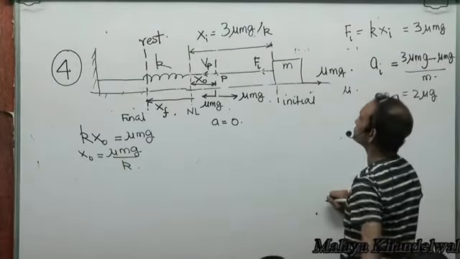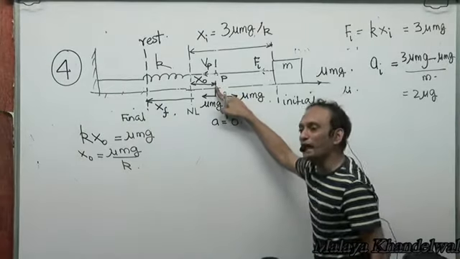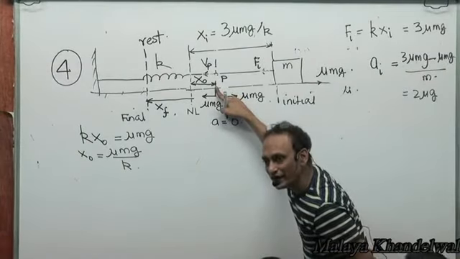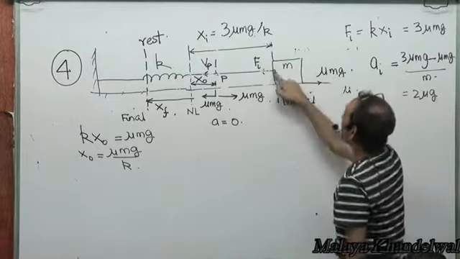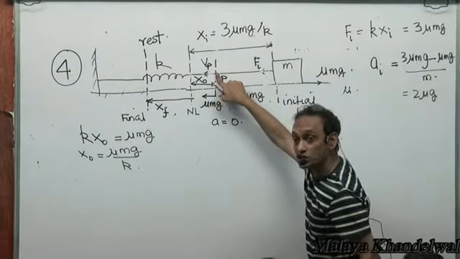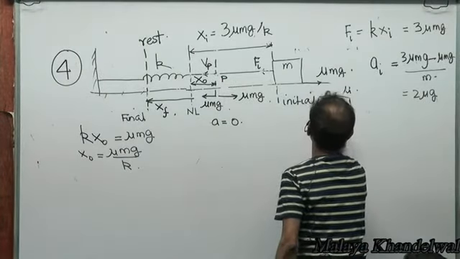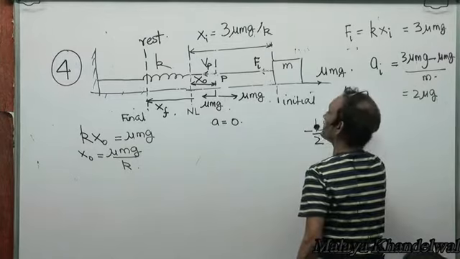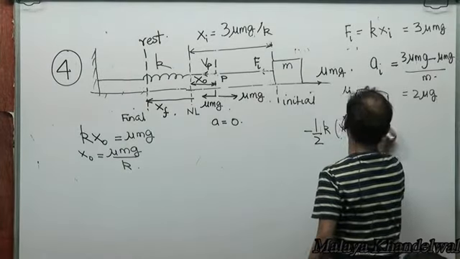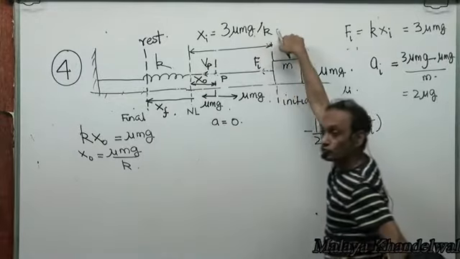Now, between this initial state and this state, I will apply the work energy theorem, where I know xi, the elongation in the spring here, and I know x naught, the elongation in the spring here. What's the work done by the spring force? Minus half k into x naught squared minus xi squared, where x naught we've computed, xi we knew, right?